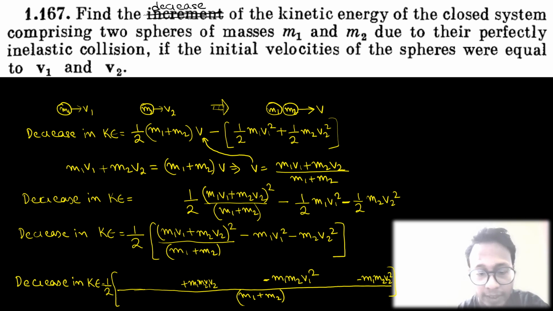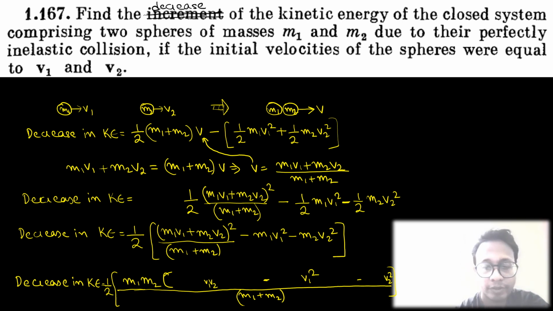So you're left with these three terms: m1 m2 v1 v2 minus m1 m2 v1 square minus m1 m2 v2 square. If I take m1 m2 common from the numerator, what will happen? I'll get v1 v2 minus v1 square minus v2 square.